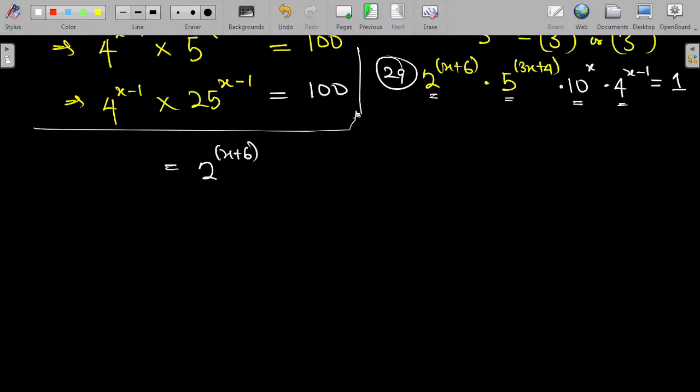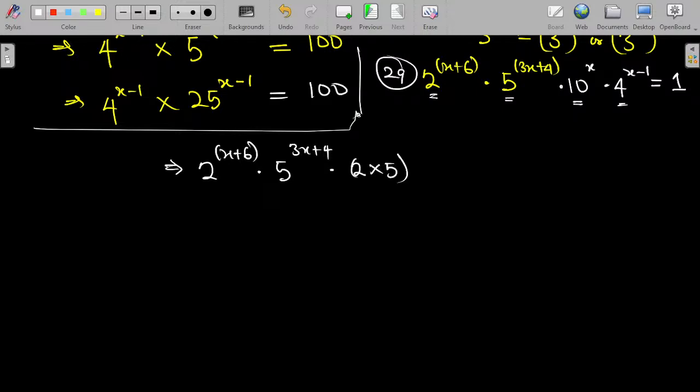But I can split 10 into 2 and 5. And I can turn 4 into base 2. That's actually what I want to do. Okay, so I hope that made sense. Let's go. So this is now going to give me 5 to the power of 3x plus 4. Now in splitting 10, I will get 2 times 5.